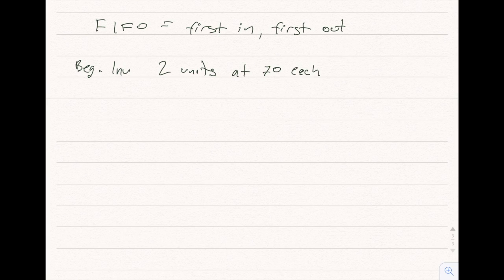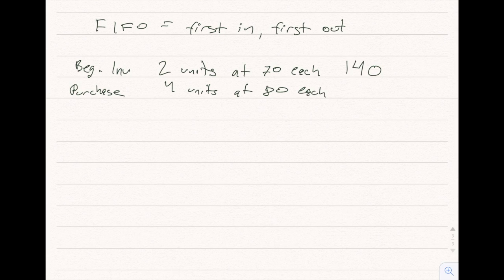So this is in your inventory account. Okay, 140. Then you purchased 4 units at 80 each.